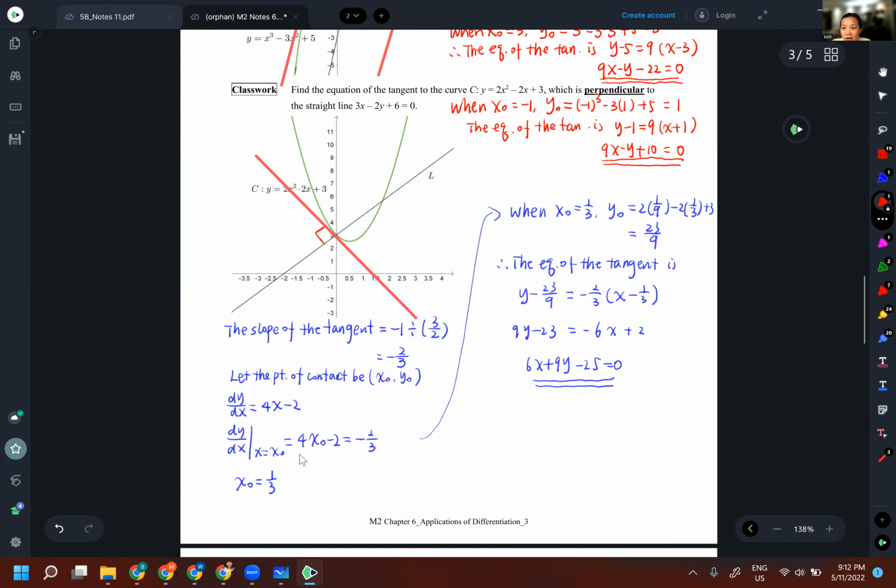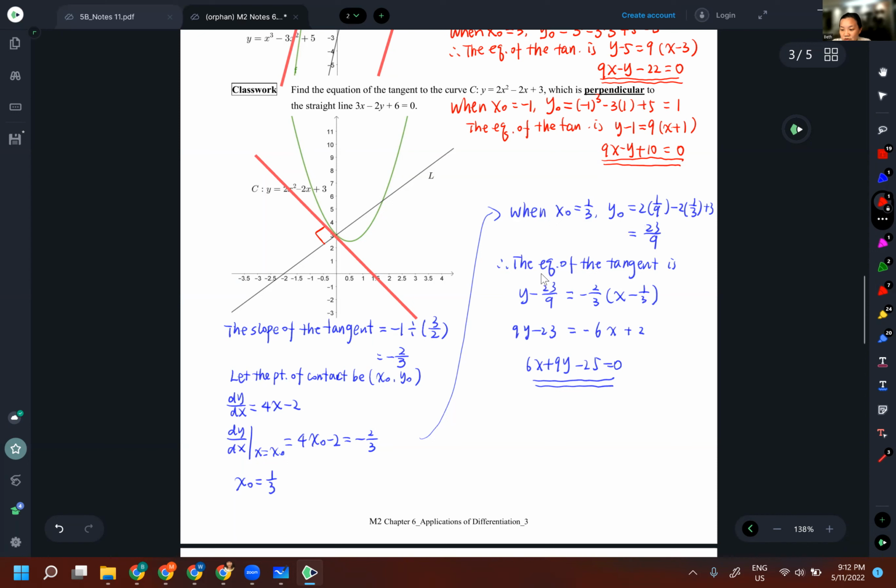The point of contact is at x0 equals -1/3. Now to find the equation of the tangent, I still need the y coordinate of the point of contact. So I substitute 1/3 into the original equation of the curve. The value of y is 23/9.